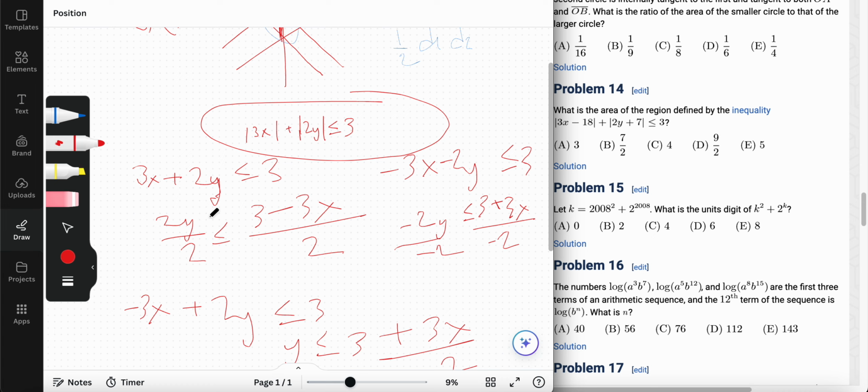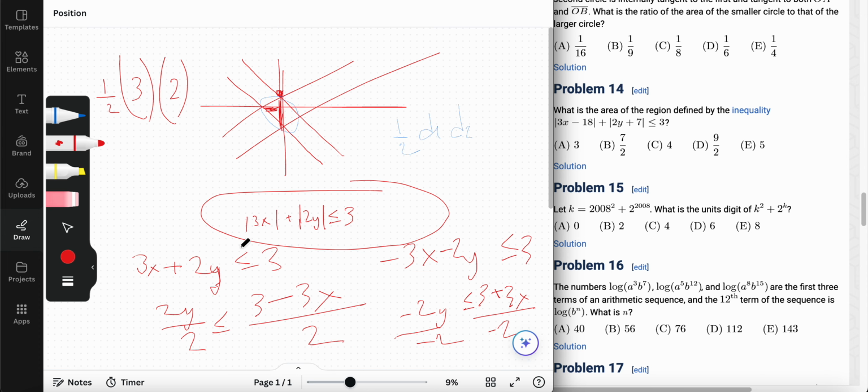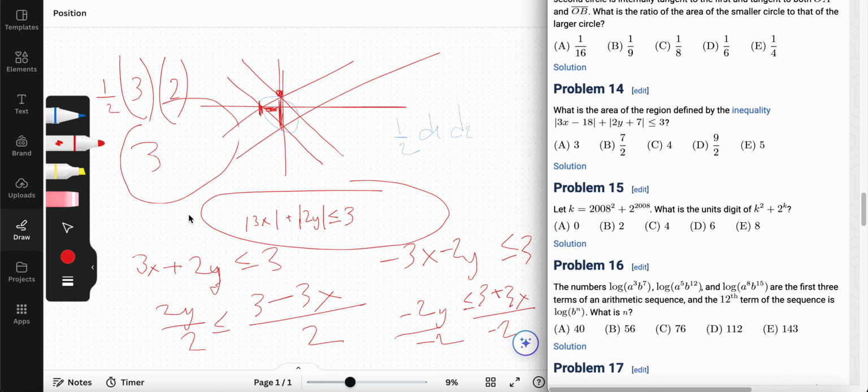I'm pretty sure that's 1, because this is where y is equal to 0. Y is equal to 0 here, then x is going to be less than or equal to 1, or it could be negative. So this should be a 1 and 1, which is 2. And so the area would just be 3. So final answer A.